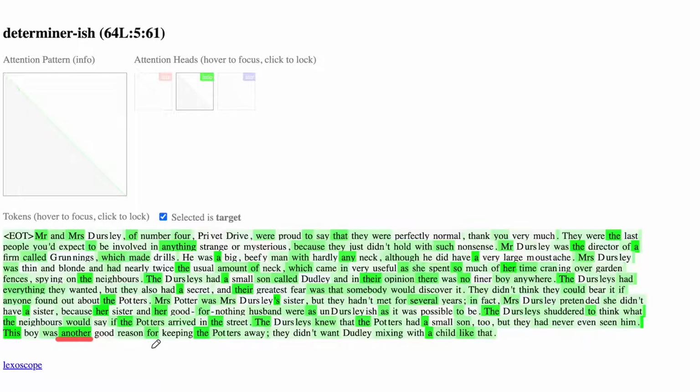Another is another word that's taking on the role of a determiner. Several is taking on the role of a determiner there. What else? That, in that case, isn't one. But there are cases where, if you said that boy, that would be taking on the role of a determiner, or this boy. There should be cases where that's happening. Yeah, like here, this boy there. Now, there's a lot of words here where that doesn't make sense. So there's lots of exceptions, like with or because or things like this, which are not determiners. But this attention head seems to preferentially attend to determiners.